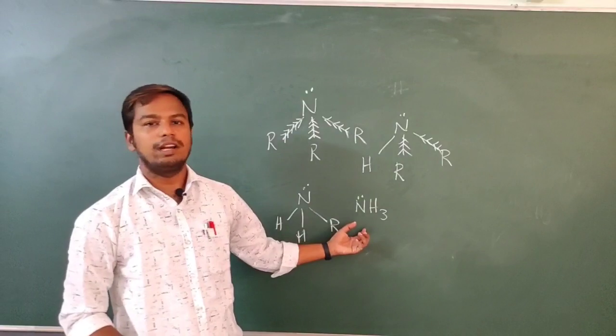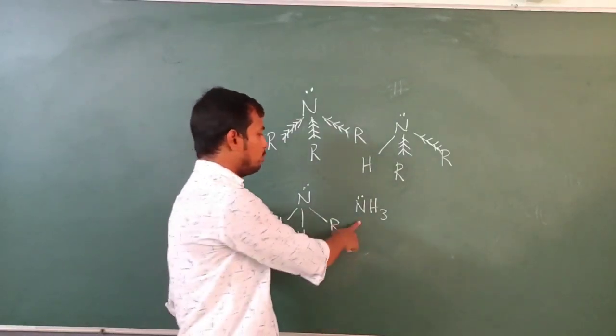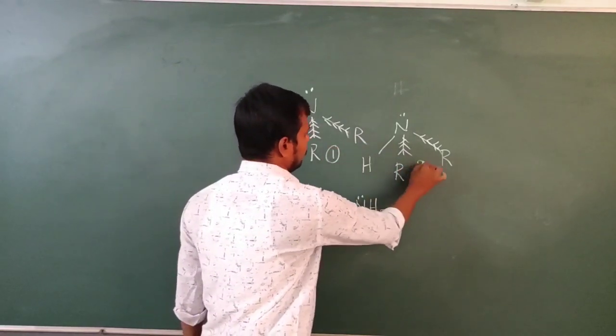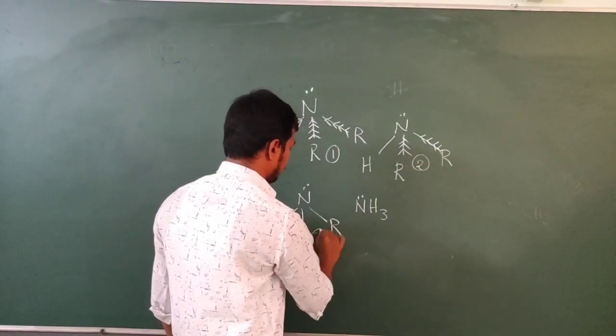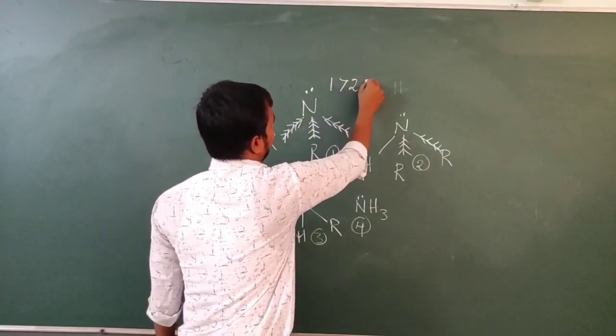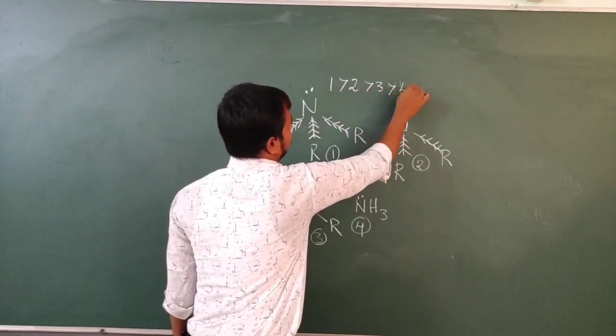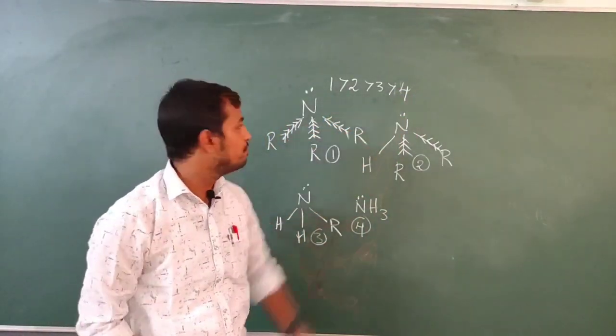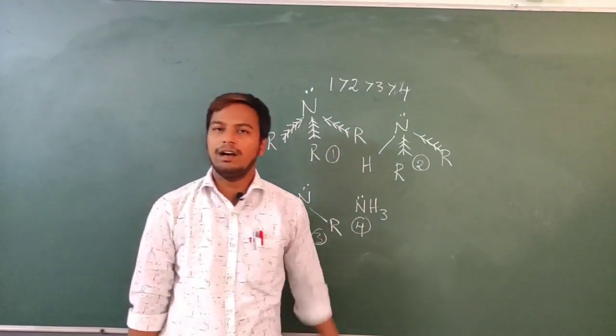All the alkyl groups are replaced by hydrogen atoms, and it would be the least basic among all the species. So if this is 1, this is 2, this is 3, and this is 4, the first would be more basic, then second, followed by third and fourth. So this is the basicity of amines.